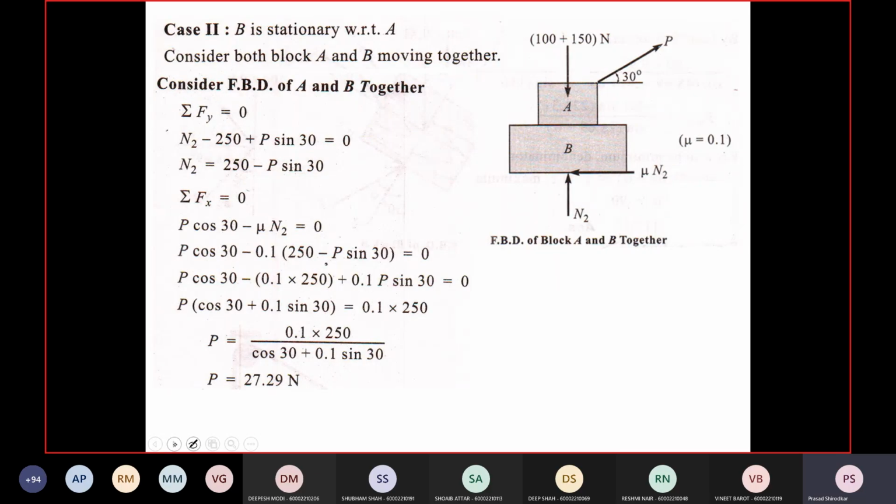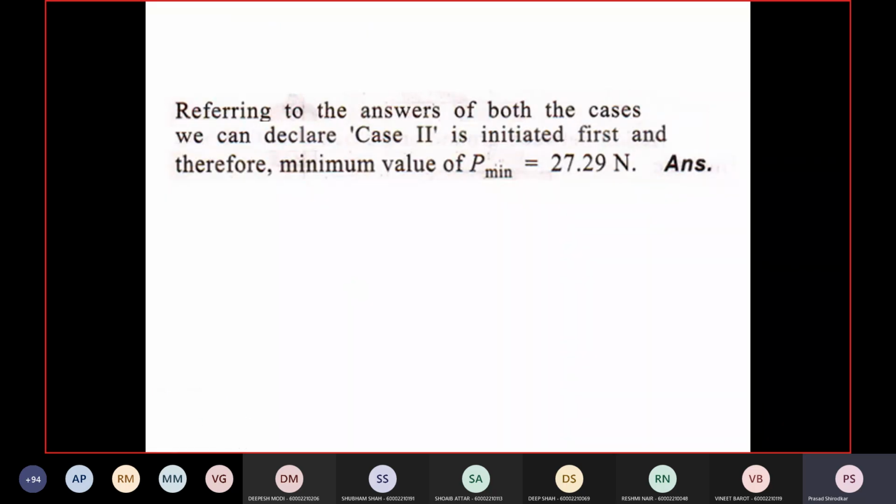So this is our P minimum. So case 2 is initiated first, because the P minimum will be 27.29. Any questions? Can I continue?